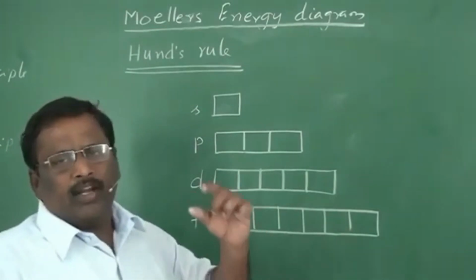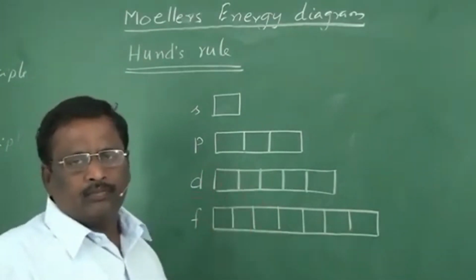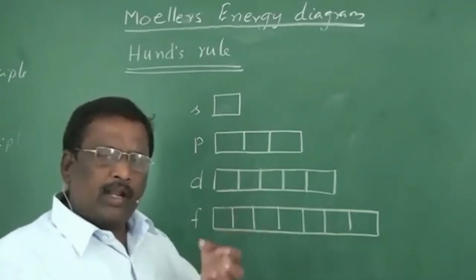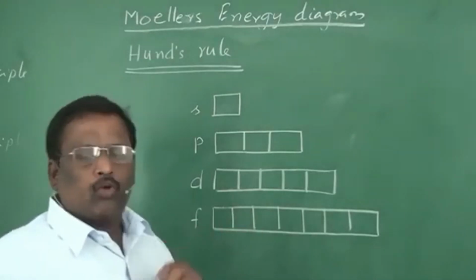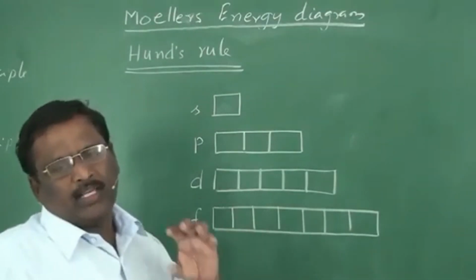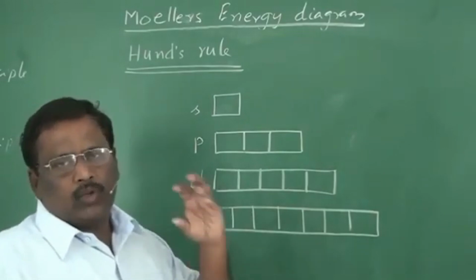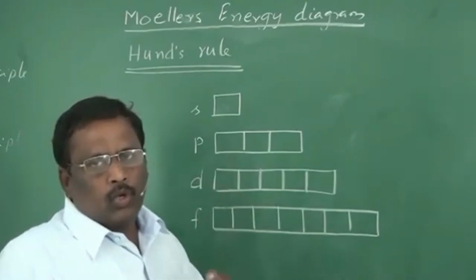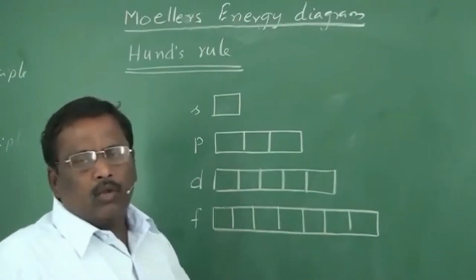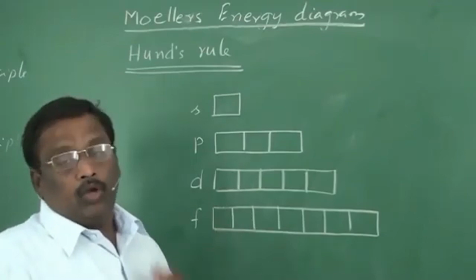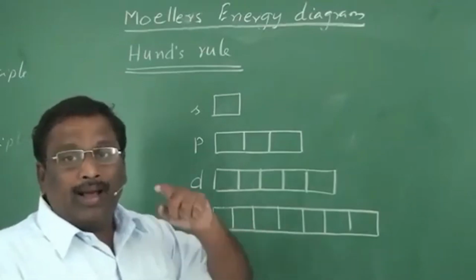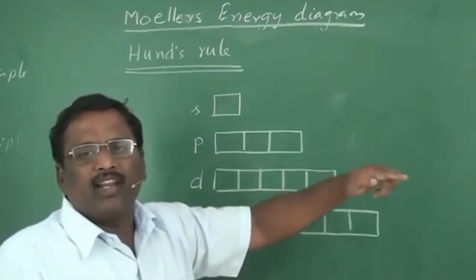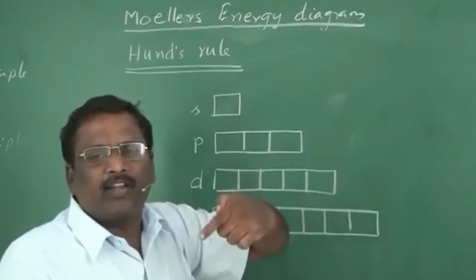Each orbital can accommodate 2 electrons. 1 electron will spin in clockwise direction and the other electron will spin in anti-clockwise direction. So there is a place for 2 electrons in an orbital. So the second electron will enter into that orbital only when all other same energy orbitals are filled with 1 electron each. Then only the pairing will take place.